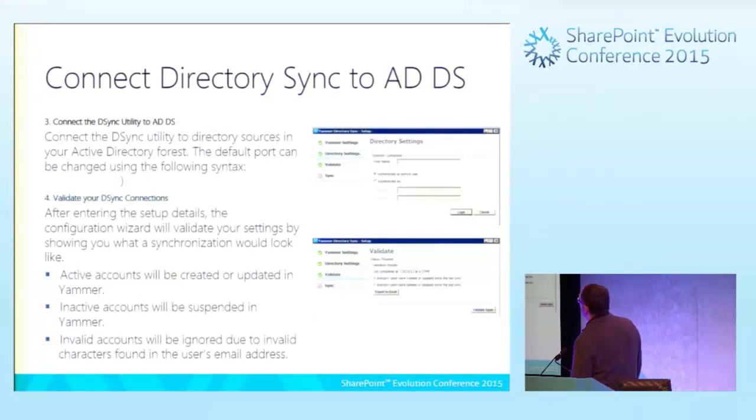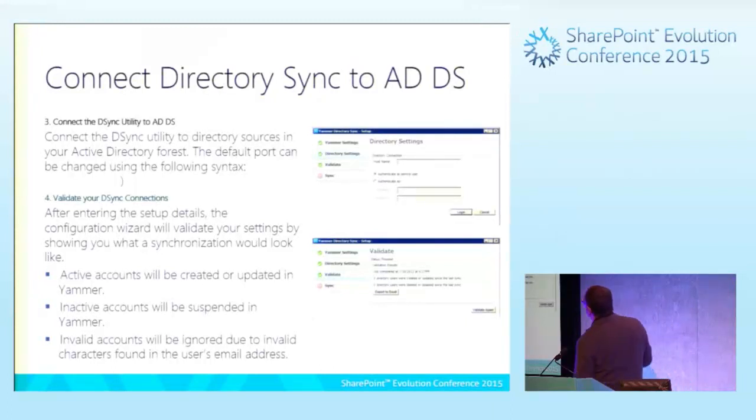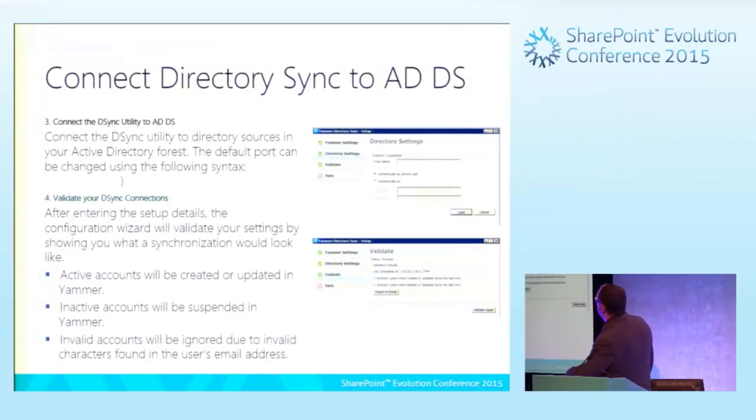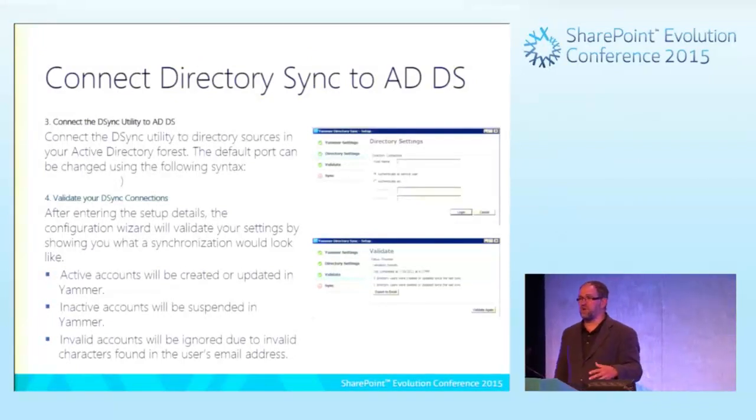So we're going to point to an Active Directory domain controller or an alias that's associated with multiple domain controllers. And then we go through and specify the different accounts that we authenticate as, just to be able to pull through. And this actually doesn't have to be an account with any type of special rights other than read.